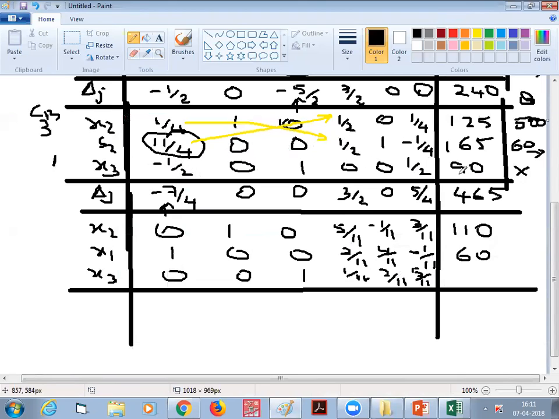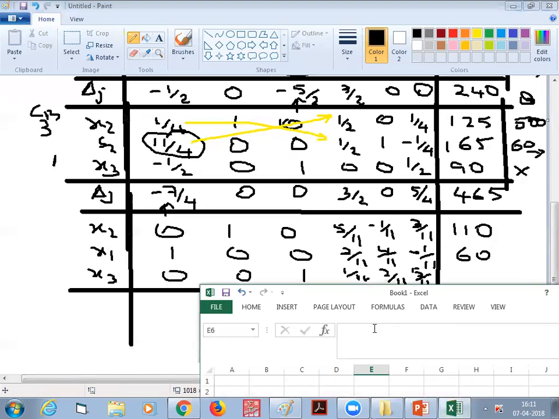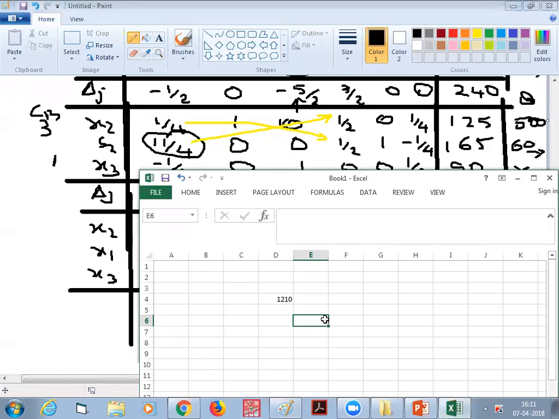Last is 990 by 4 plus 125 by 2. 125 by 2 is 250 by 4. So 990 by 4 minus 250 by 4. 990 minus 250 is 740 by 4.